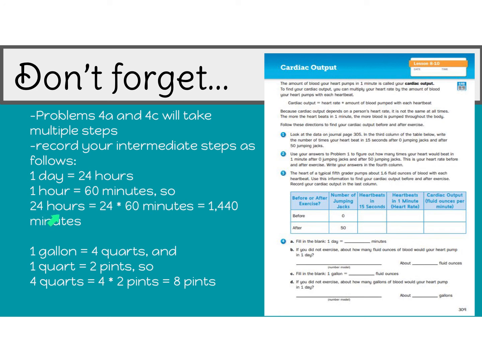So 24 hours equals 24 times 60 minutes, which equals 1,440 minutes. And then down below, you're going to have 1 gallon equals 4 quarts, and 1 quart is equal to 2 pints. So 4 quarts is equal to 4 times 2 pints, which equals 8 pints.